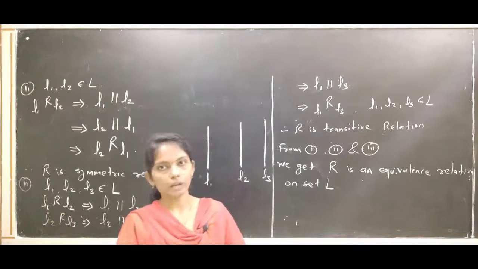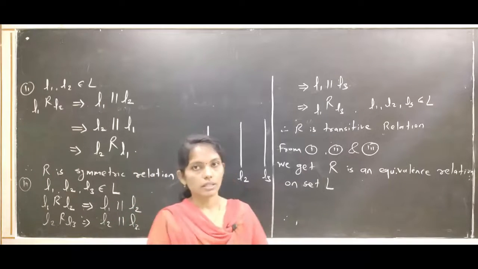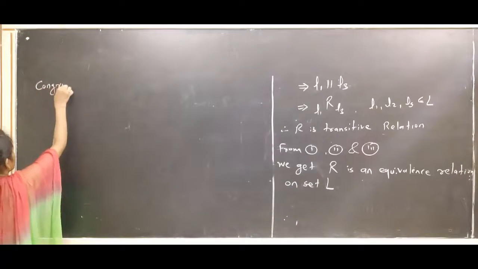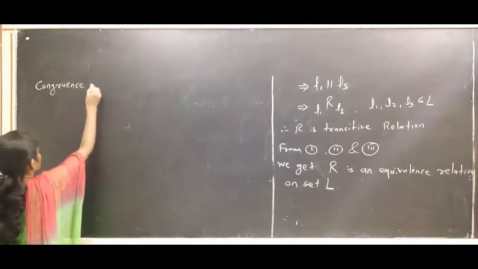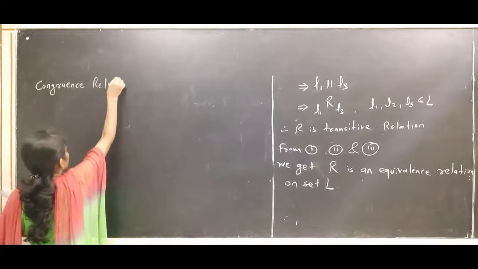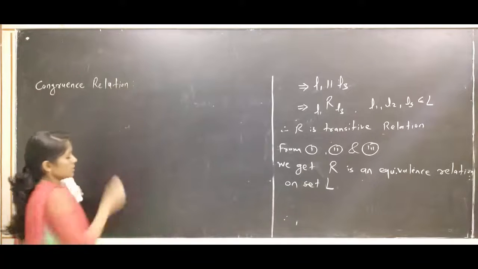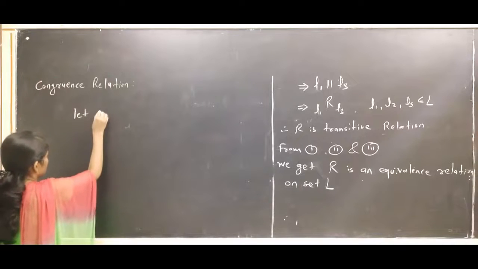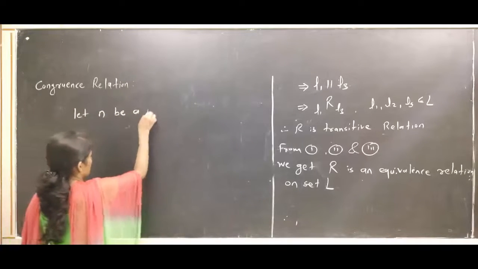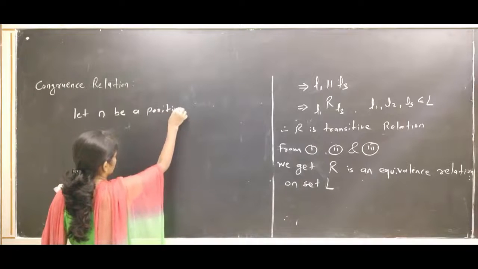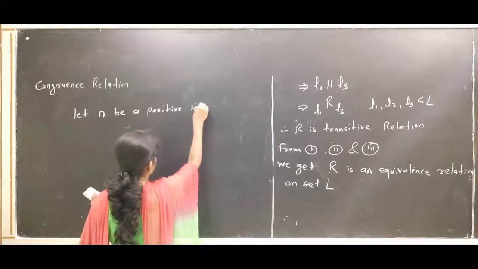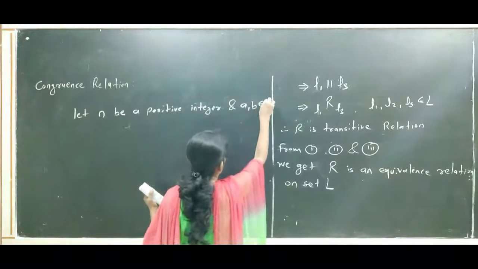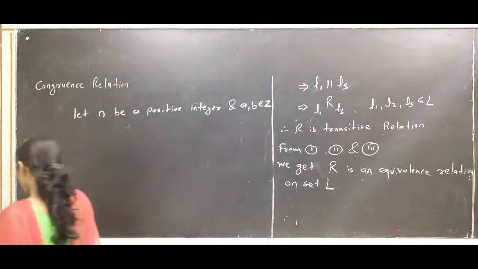Okay. Now next point, congruence relation. Definition: let N be a positive integer and A, B belong to the set of integers.